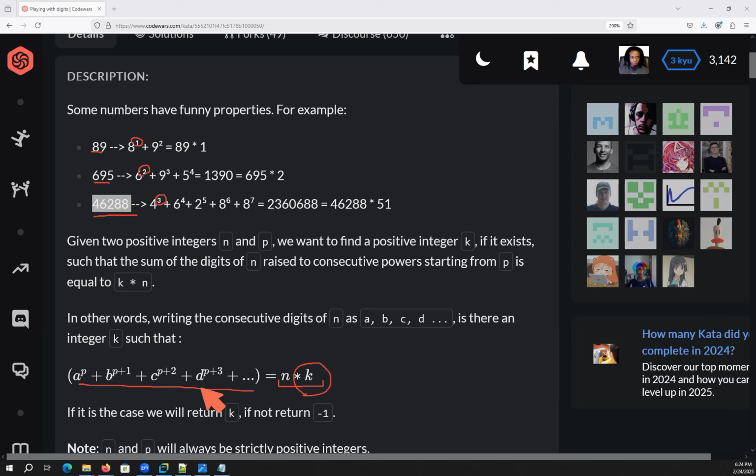It's a hell of a mouthful, right? There may not be a k, and if there is not a k, you're going to return -1.